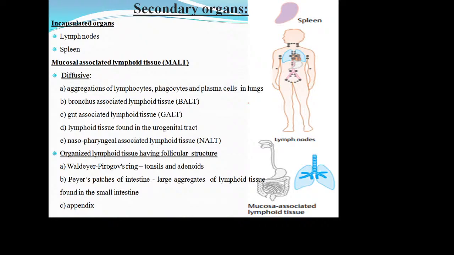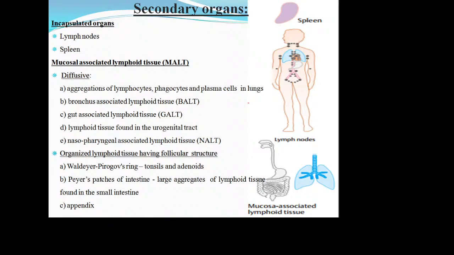Diffusive mucosal associated lymphoid tissues include aggregation of lymphocytes, phagocytes, and plasma cells in the lungs, bronchus associated lymphoid tissue, gut associated lymphoid tissue in intestine, lymphoid tissue found in urogenital tract, it is not shown here, nasopharyngeal associated lymphoid tissue. These are diffusive tissues.